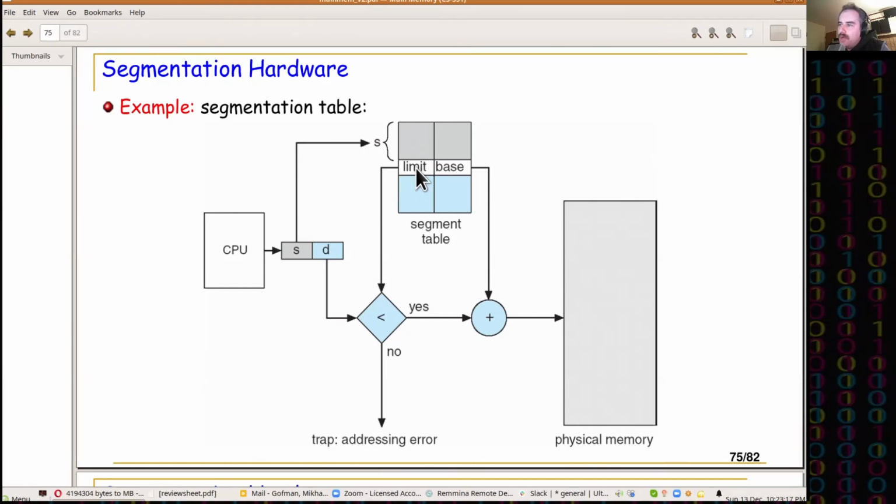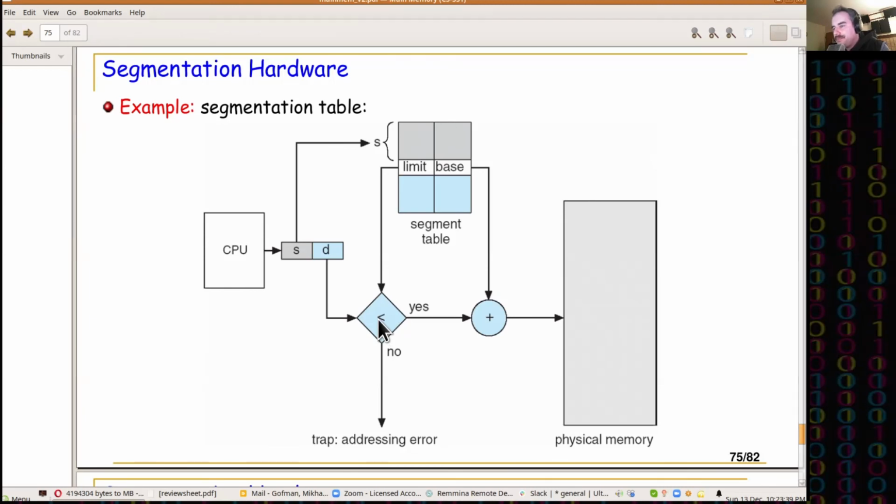Before we try to translate the virtual address to physical, we're going to check to make sure that the offset, which we would like to access within the segment, is less than the limit, which is the size of the segment. And if it is not less, then you have basically a segmentation fault.